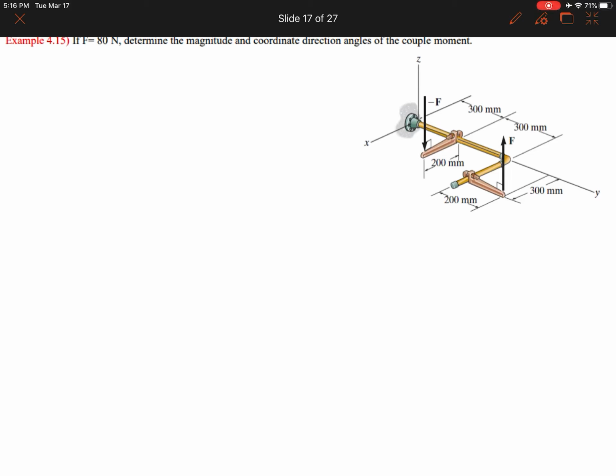So moment of a couple, the equation that we have for it is moment of a couple in vector format equals R cross F. We said that R is a position vector from any point on the line of action of one of them to any point on the line of action of this F, whatever we want to put in our matrix.